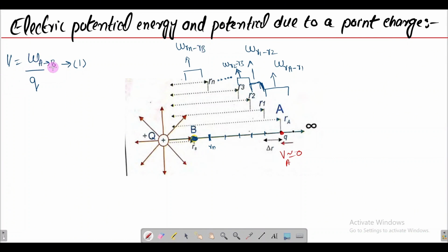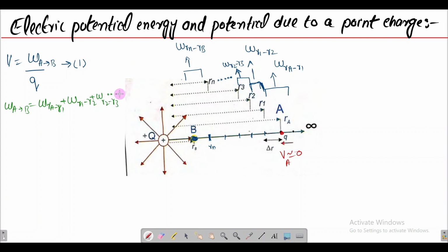And now the work done from point A to B is equal to the work done from the first step, which is the work done from RA to R1, plus the work done from the second step, which is from R1 to R2, plus the work done for the third step, which is from R2 to R3.